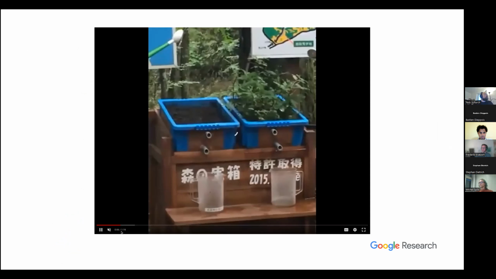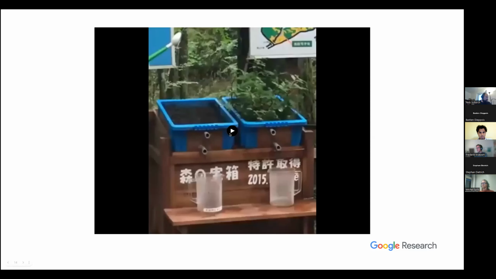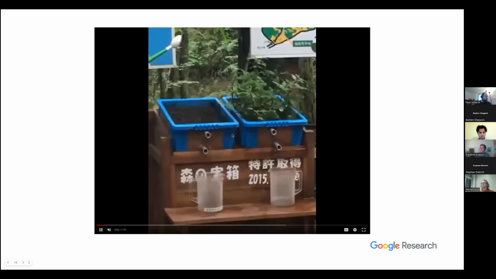Okay, so in case it's not rendering, I will just explain what we are about to see. So you see two plots, two blue boxes, and these two blue boxes stand for two catchments, right? Let's see if the slide will come up. Oh, it seems like that.